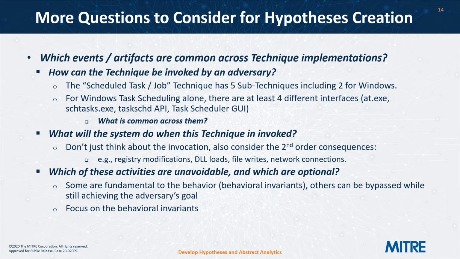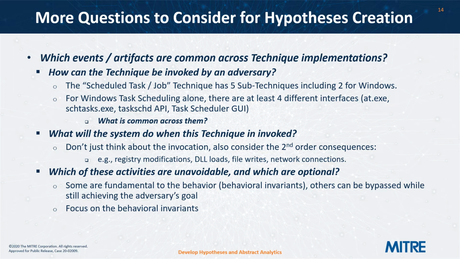Another set of questions to consider when developing and refining your hypothesis is to think through the activities that will occur before, during, or after the core behavior that you're looking for. How is this technique invoked by an adversary?